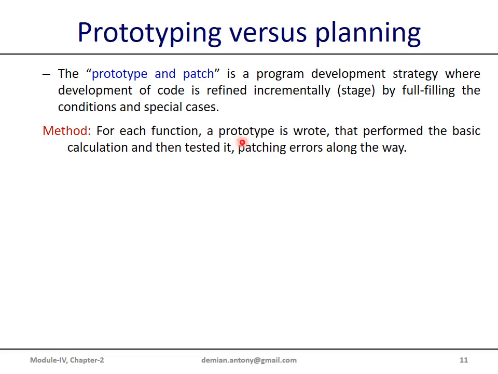We initially write a simple prototype of the function, and then we test the function, and if any errors are there or any constraints are not satisfied, we refine the prototype through enhancement, and again we test it till all the errors are patched or all the constraints are incorporated in the function, which represents the solution to the subproblem.